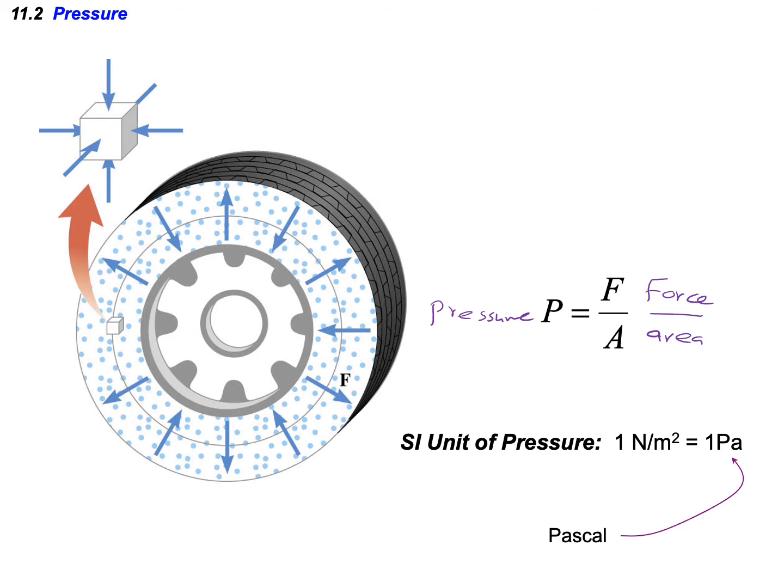The unit of pressure is the unit of force, which is newton, and the SI unit of area is square meters. So newtons per square meter, and instead of newtons per square meter, we can write Pascal. So 1 Pascal equals 1 newton per square meter. So the SI unit of pressure is Pascal.